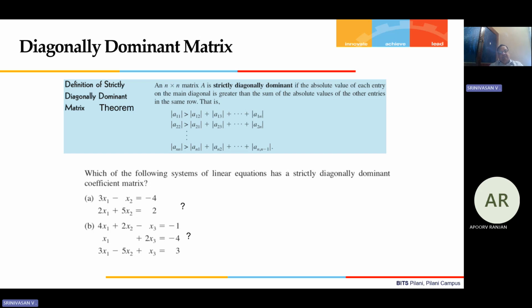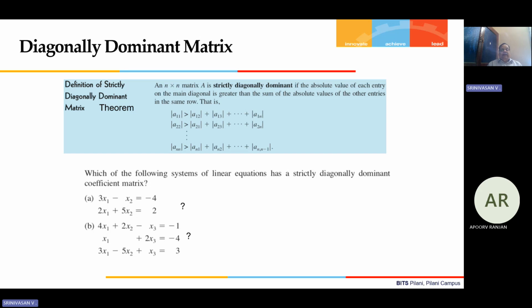Those things we will also see, just for understanding purposes, at the end. As of now, it is enough to remember that the sufficient condition for both the iterative methods to exist is that the coefficient matrix must be diagonally dominant. What do you mean by a diagonally dominant matrix? Of course, strictly diagonally dominant.